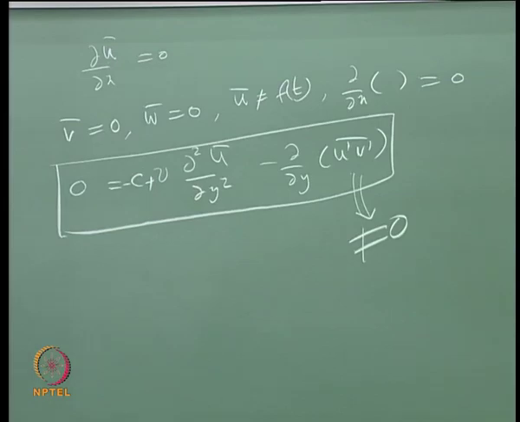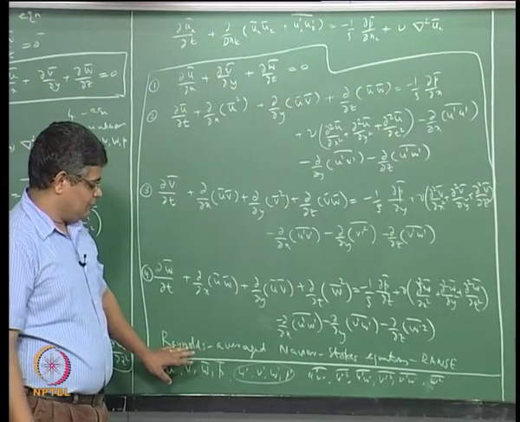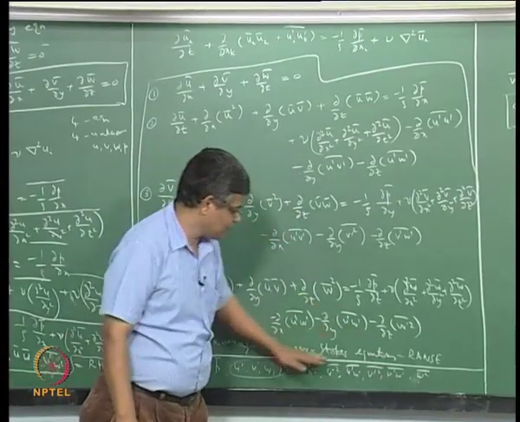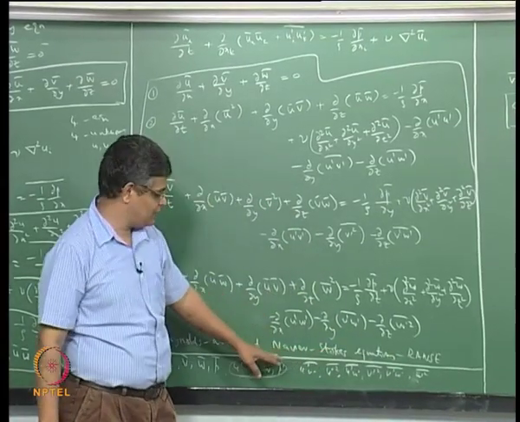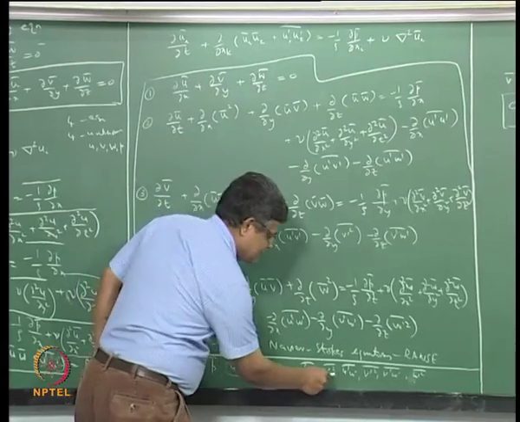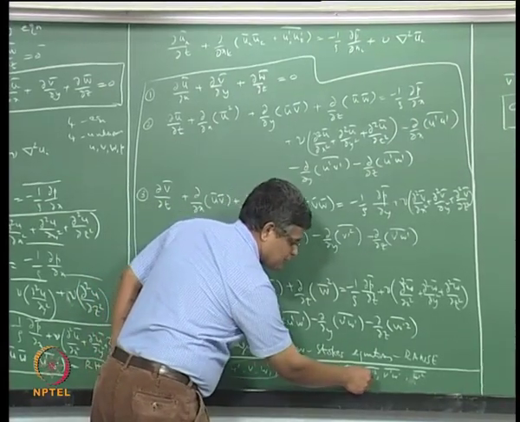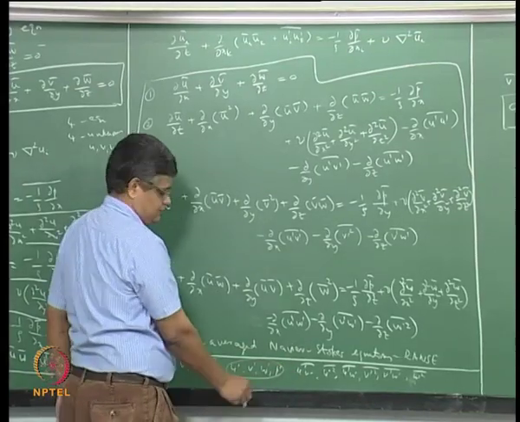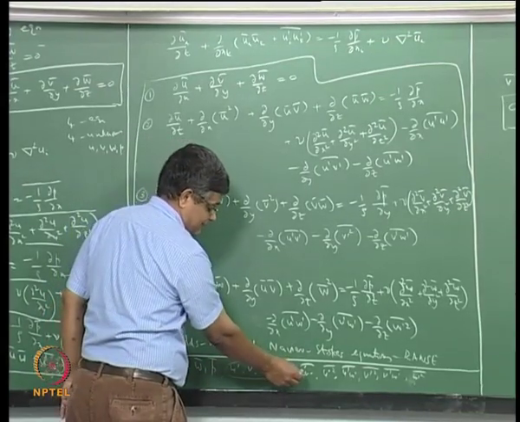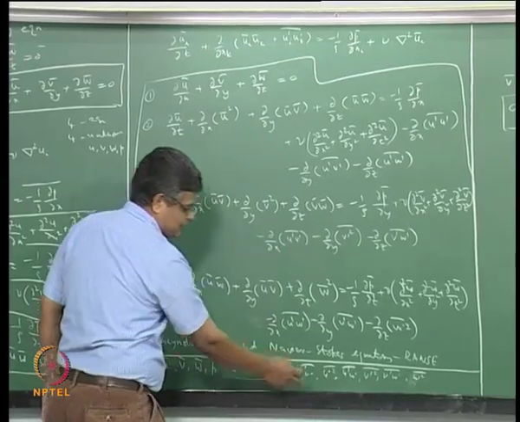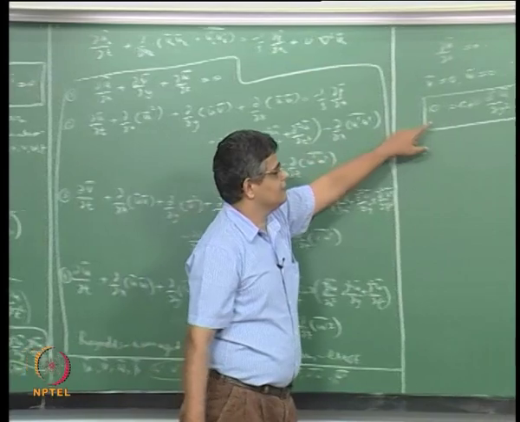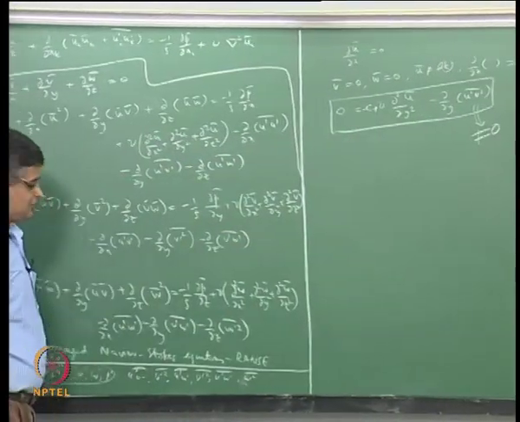So that is why, among all these extra quantities that are appearing here, we cannot say that this is 0, this is 0, or even this is 0. Because if that is the case, then we would have the laminar profile for turbulent flow.